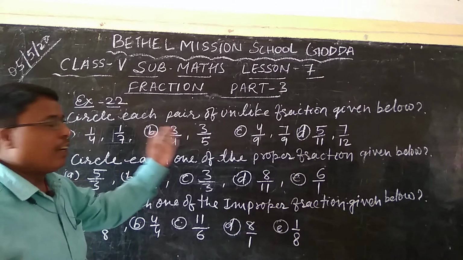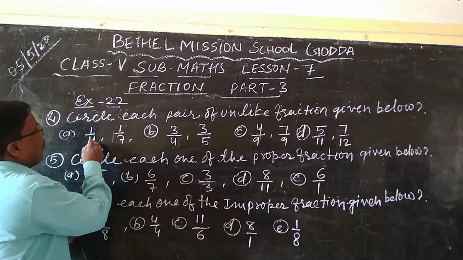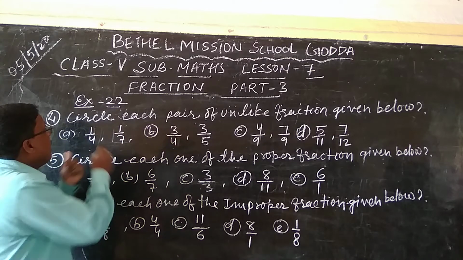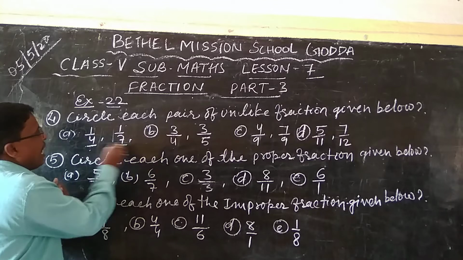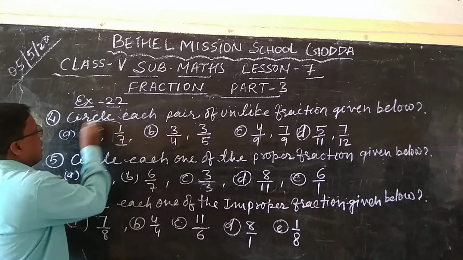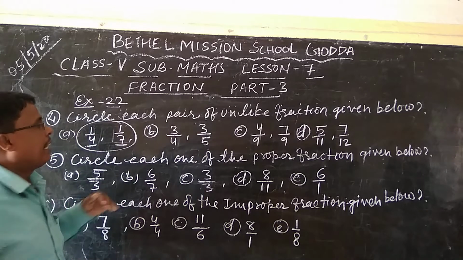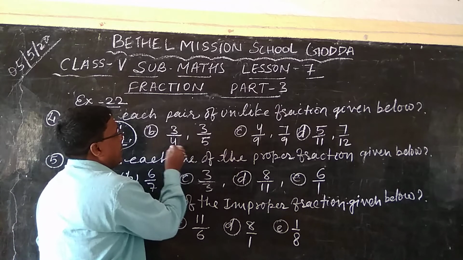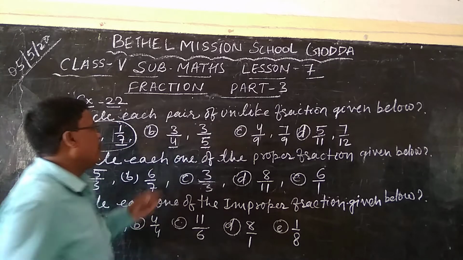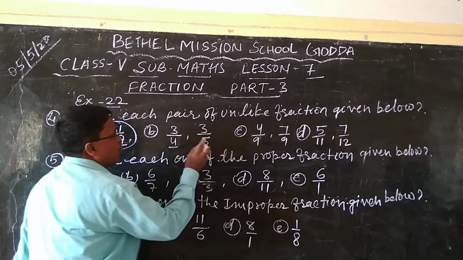Only see the denominator. So 4 and 7 are not equal, so this is what? Unlike. Next, 3 by 4 and 3 by 5. Here 4 and 5, see, 4 and 5 are not equal.